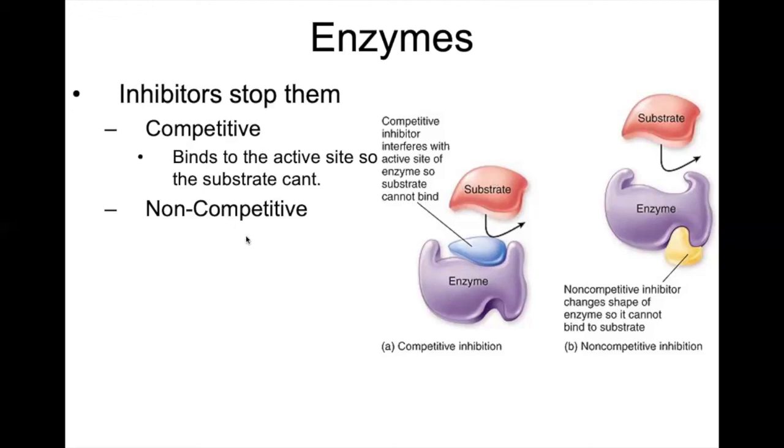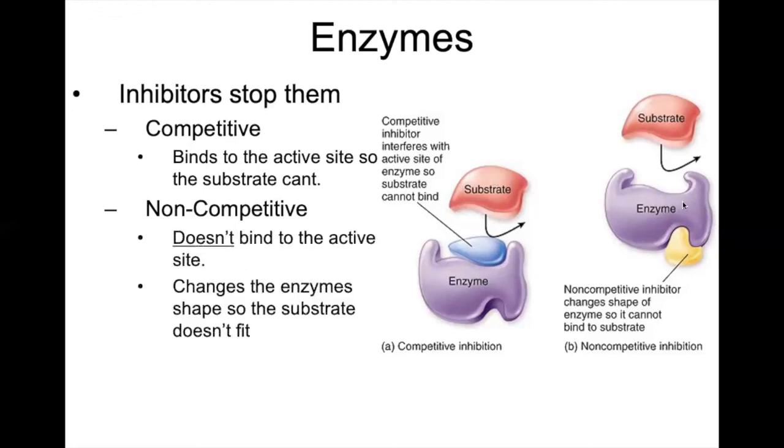Then we have non-competitive. It does not bind to the active site. Your non-competitive inhibitor is going to hold on to some other place on the enzyme. It's going to wedge itself in some place which alters the shape. And this is going to be very important for a future chapter: if your enzyme's shape changes, it cannot do its job. Look what happens here: I put this non-competitive inhibitor in the back, but that alters the shape of the whole enzyme, and now the active site got crunched in.